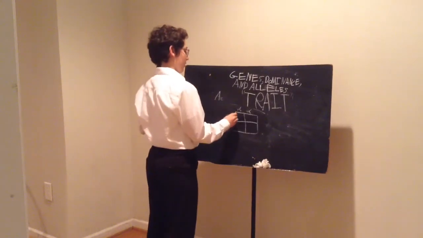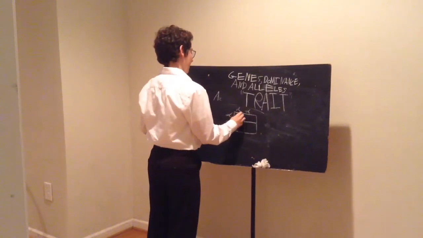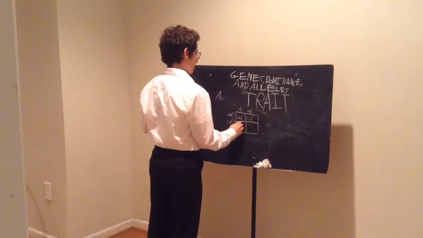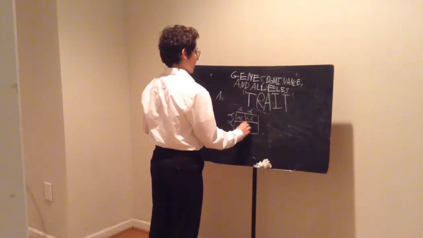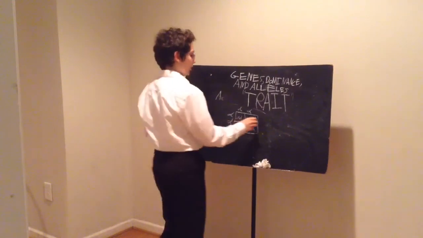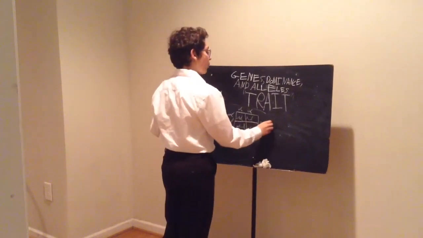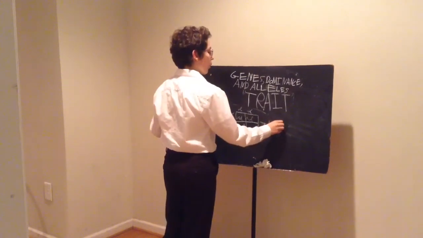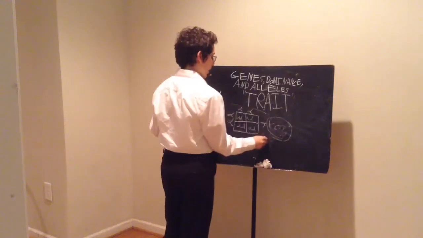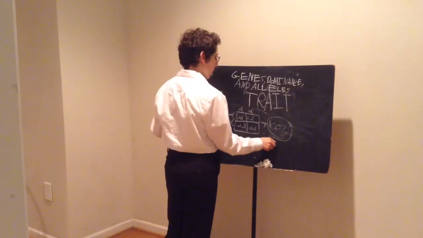Now we're just going to add them up again. Lowercase a and lowercase a, lowercase a and lowercase a, and the process is repeated just like for the dominant ones. And now look what happens. You have a 100% chance of having double recessive.